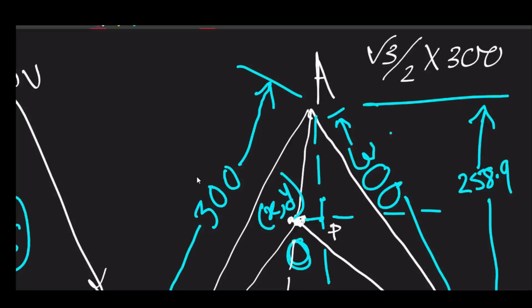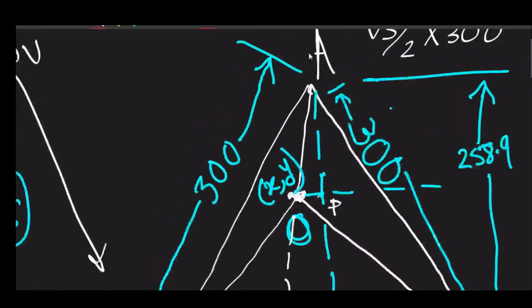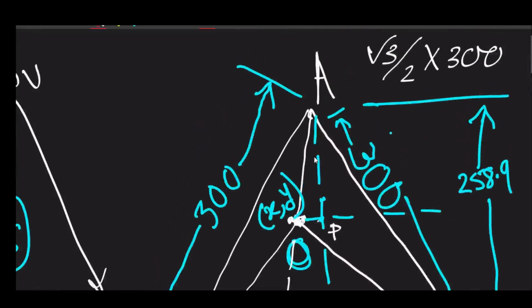Now, if you consider that moving away from B results in a positive change in x, then A is located left of the point O. Therefore, OP should be minus x minus 150. So we have to write it in that way. And what about the other component, that is AP, the height of this right angle triangle OAP?